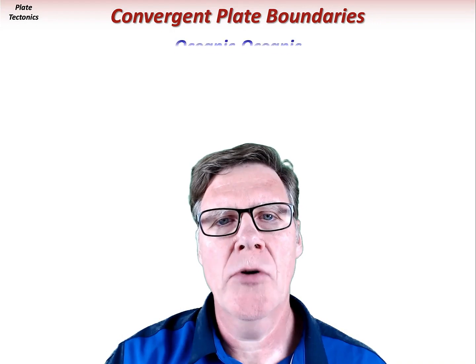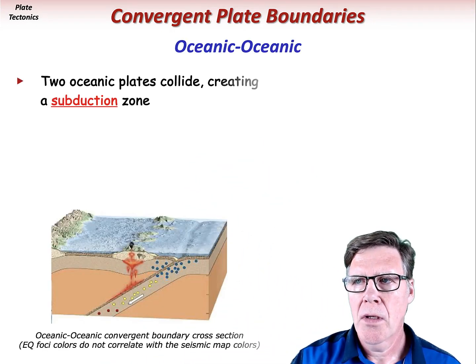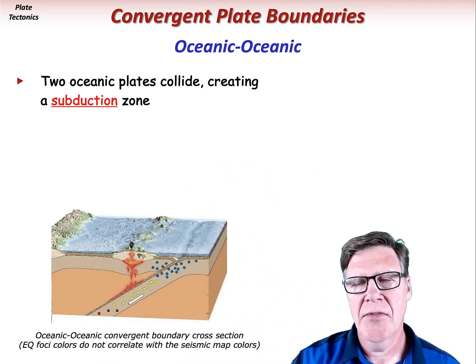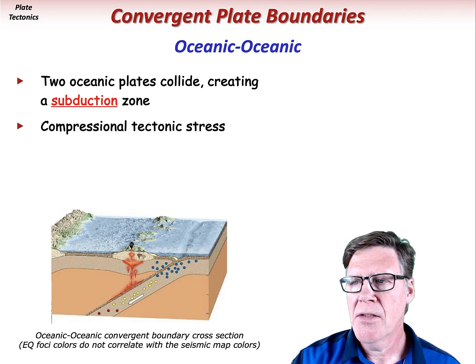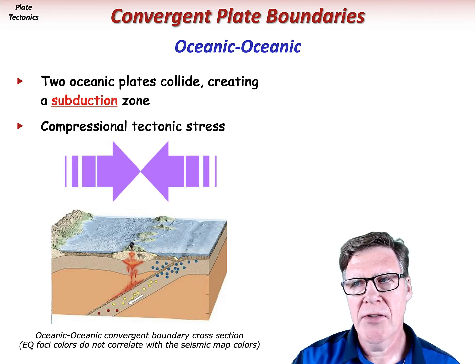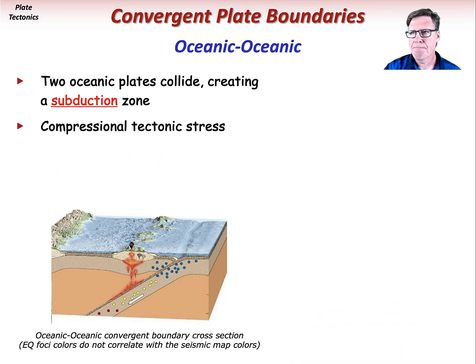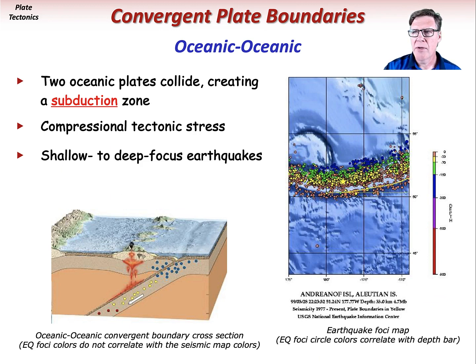At Oceanic-Oceanic convergent boundaries, two plates of oceanic lithosphere collide, with one subducting under the other to form a subduction zone. This generates compressional tectonic stress and related structures. And this type of boundary is marked by related shallow to deep focus earthquakes.